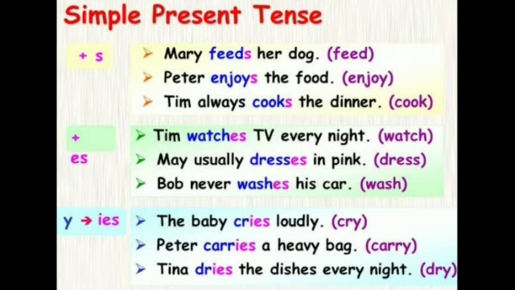Then when the verbs are ending with Y, we are adding IES, such as: the baby cries loudly, or Peter carries a heavy bag. Then Tina dries the dish every night.